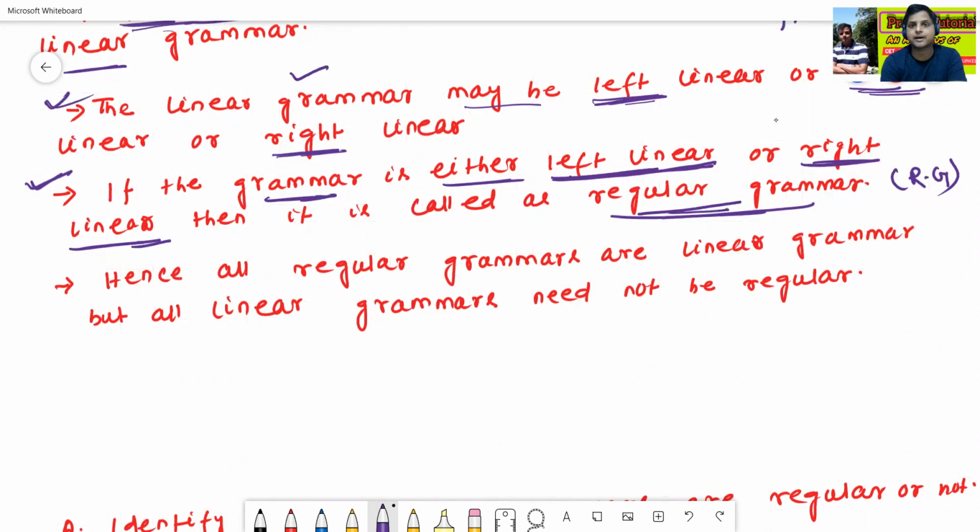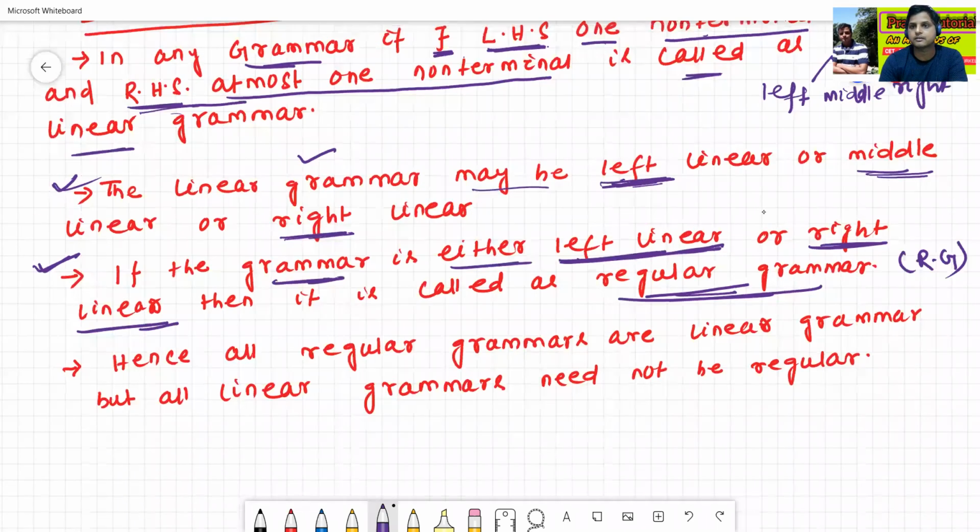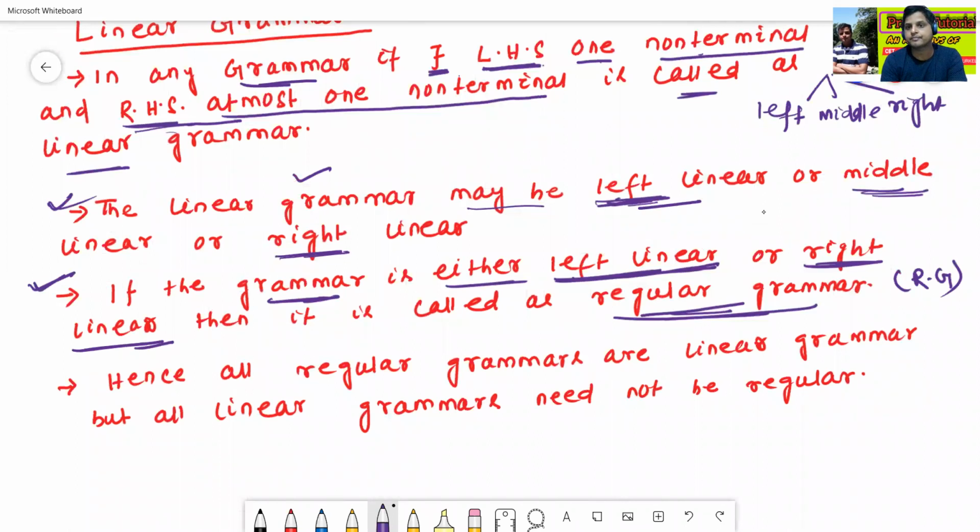But linear grammar is of three types: left linear, middle linear, or right linear. If the grammar is either left linear or right linear, then it is called regular grammar.